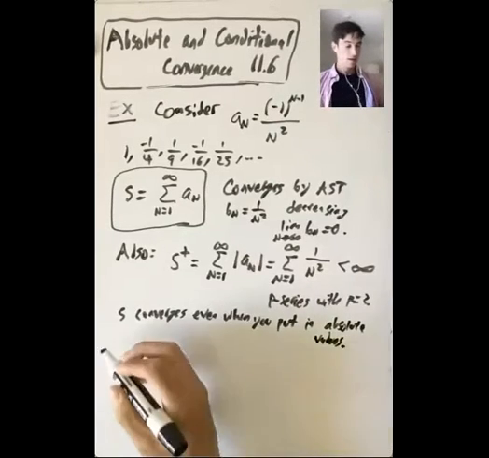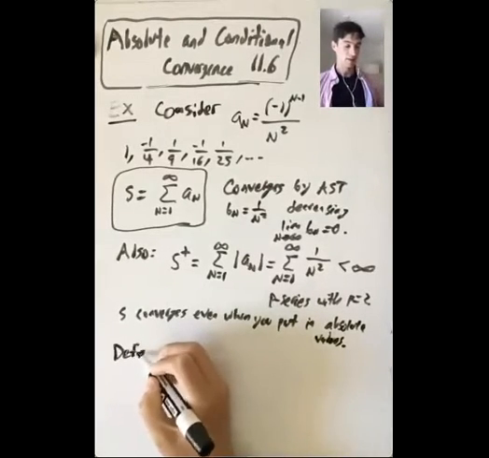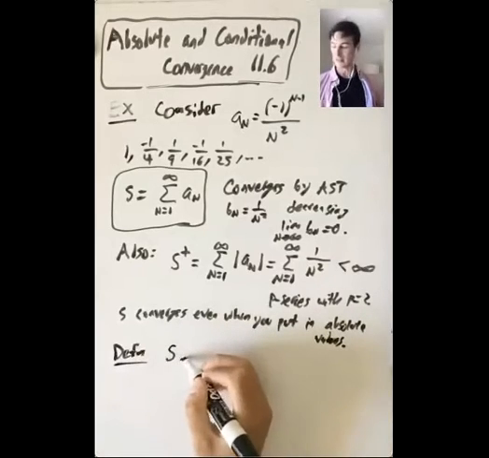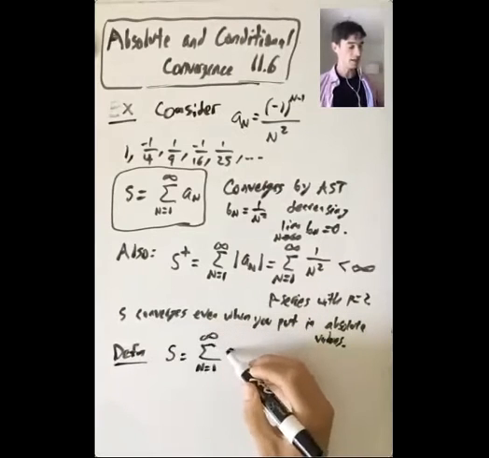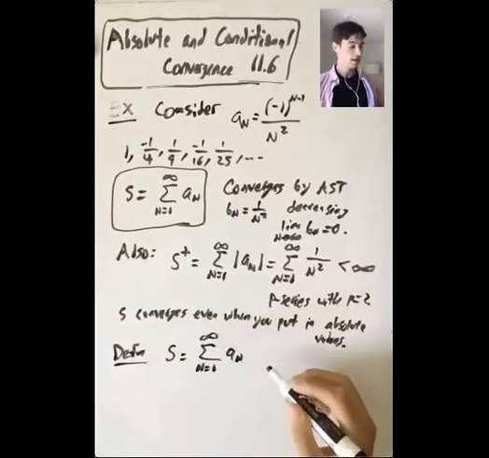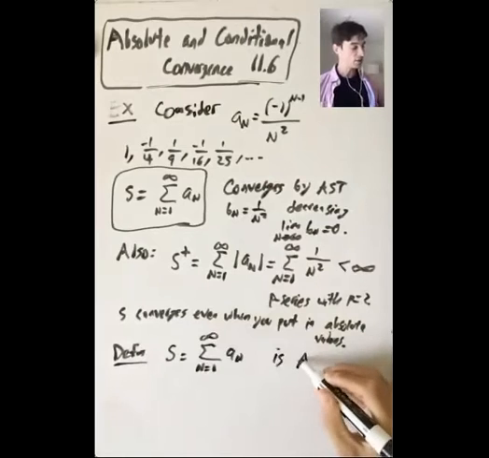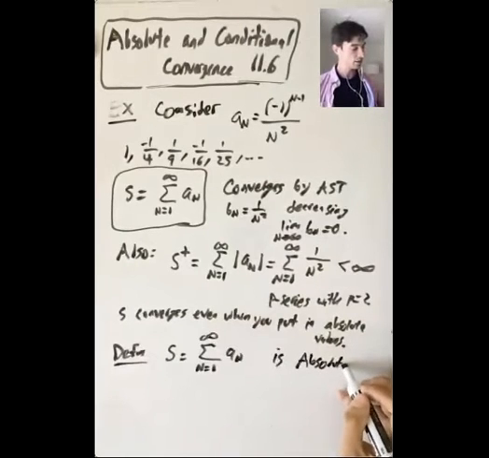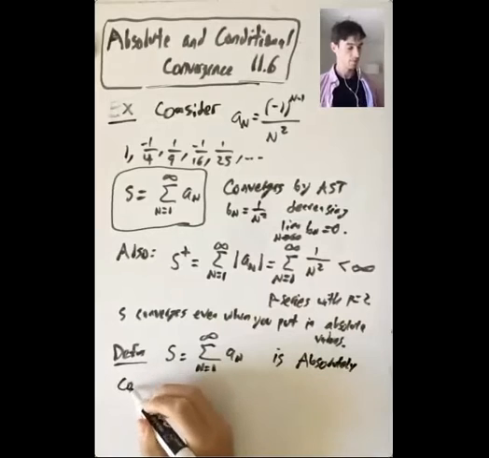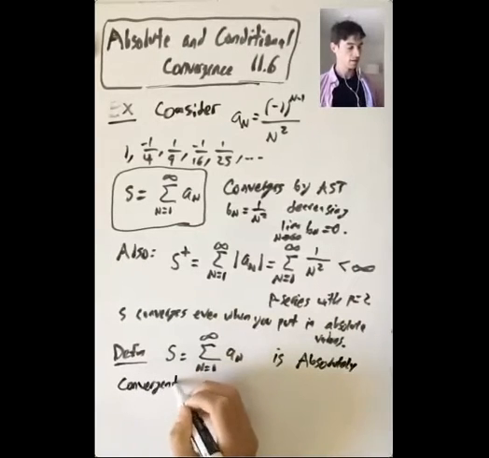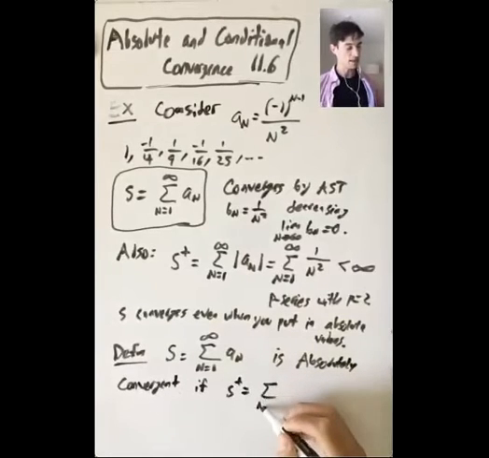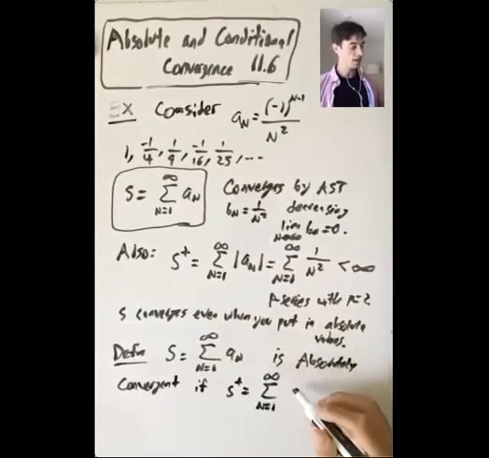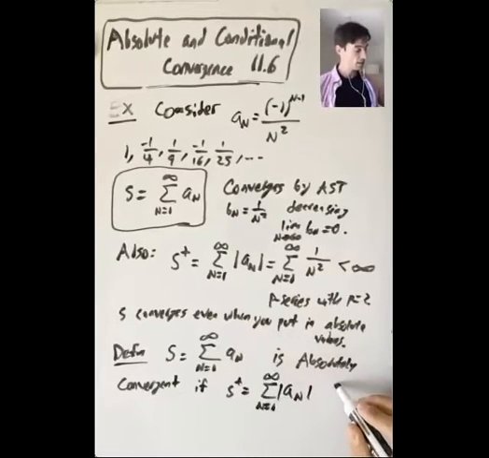Okay, so let me give a definition. Let's say S is equal to a sum from n equals 1 to infinity of a_n. This series S is absolutely convergent if this series S plus, that you get by taking a sum from 1 to infinity of a_n but with absolute value signs, converges.